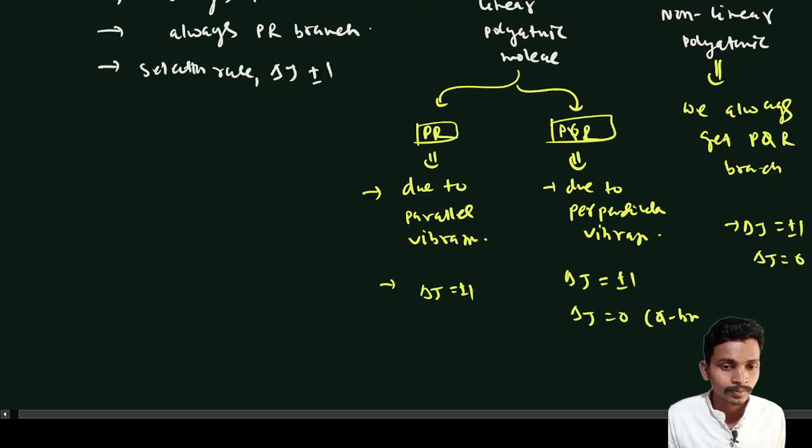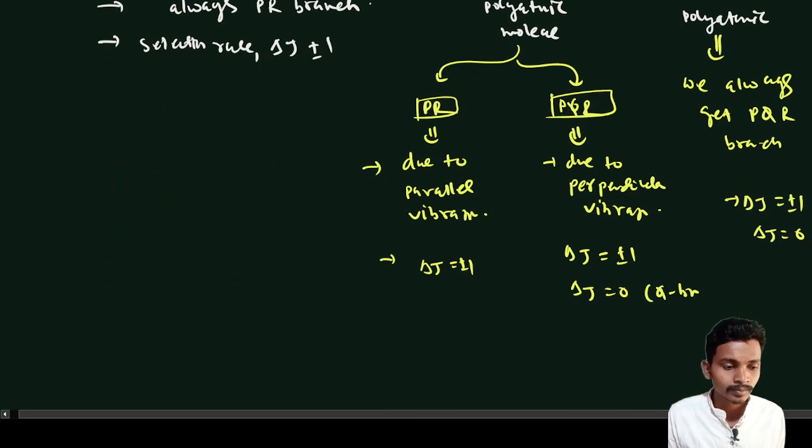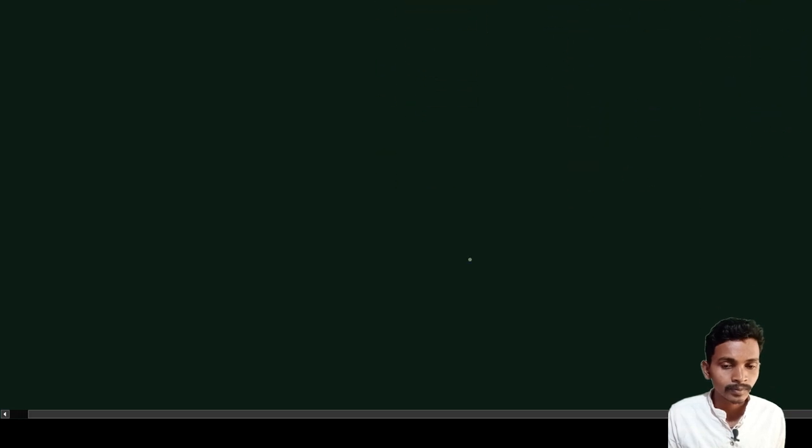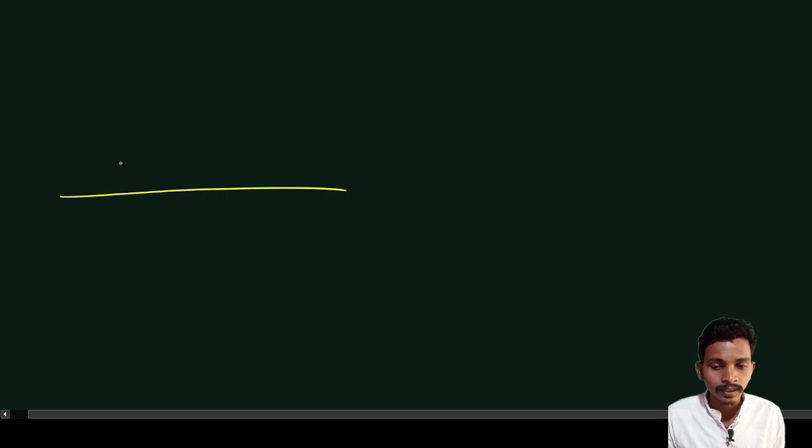Now, whenever you discuss linear diatomic molecules, the spectra will be like this. Here at omega naught there is no intensity, and the intensities will be like this.